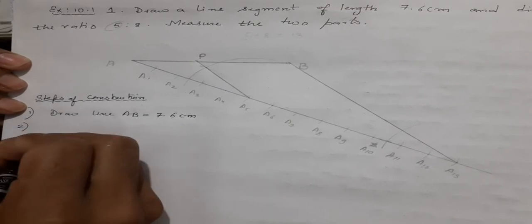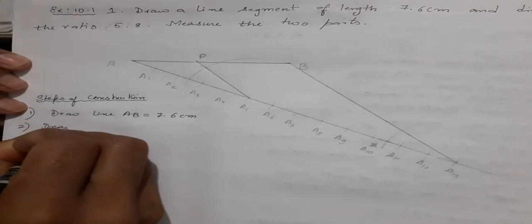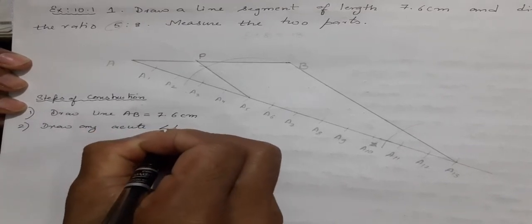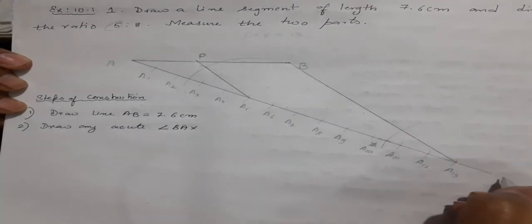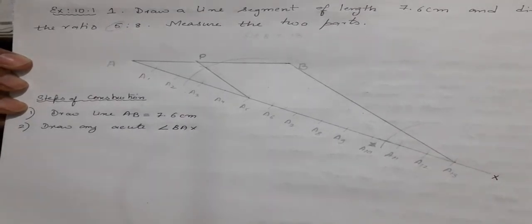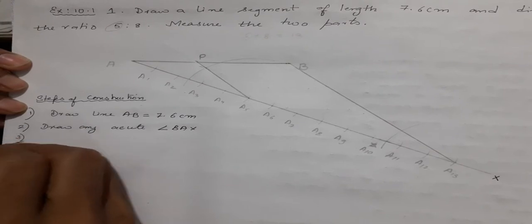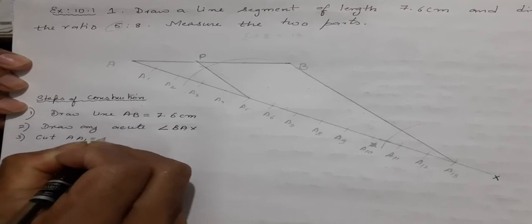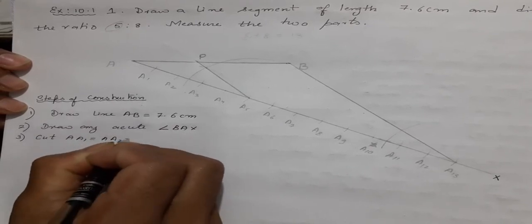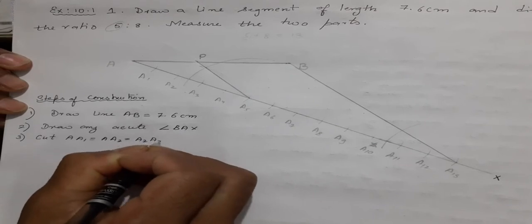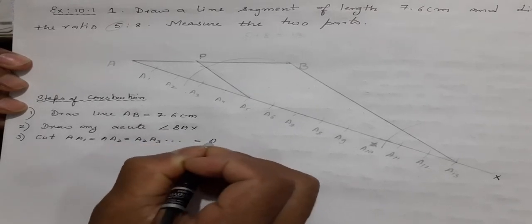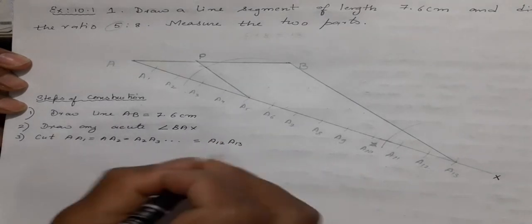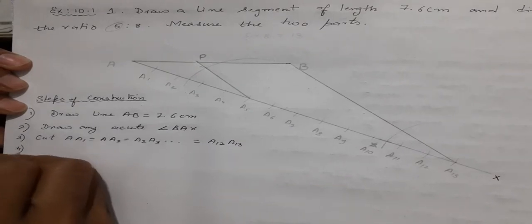Number two, draw any acute angle BAX, we call it X. Then cut A1 equal to A1A2 equal to A2A3, you can write so on up to A12A13. Okay, as shown in the figure also you can write, but that much will be enough to understand.